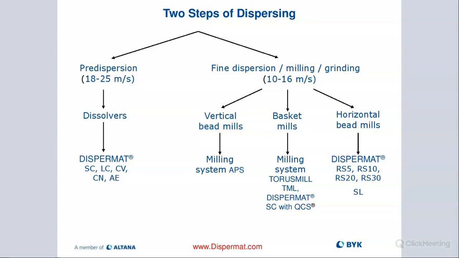And there we have different options. So we can either use a vertical bead mill, which our system is called an APS. We'll talk about that in a little bit. The popular basket mills or immersion mills, or we can use also the horizontal bead mills, some of you are probably very familiar with, to get us down to the small primary particle size.